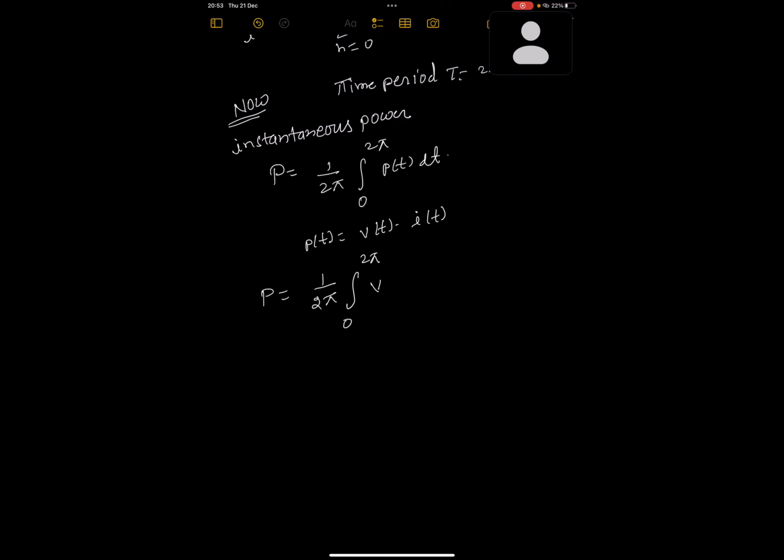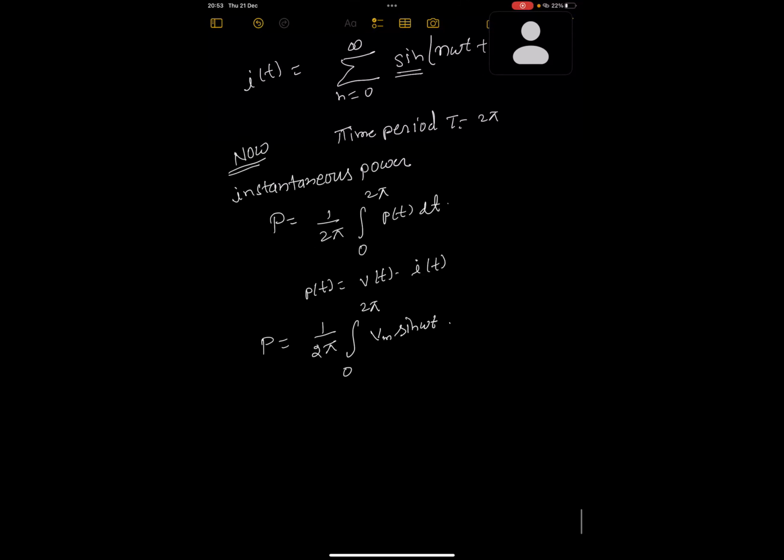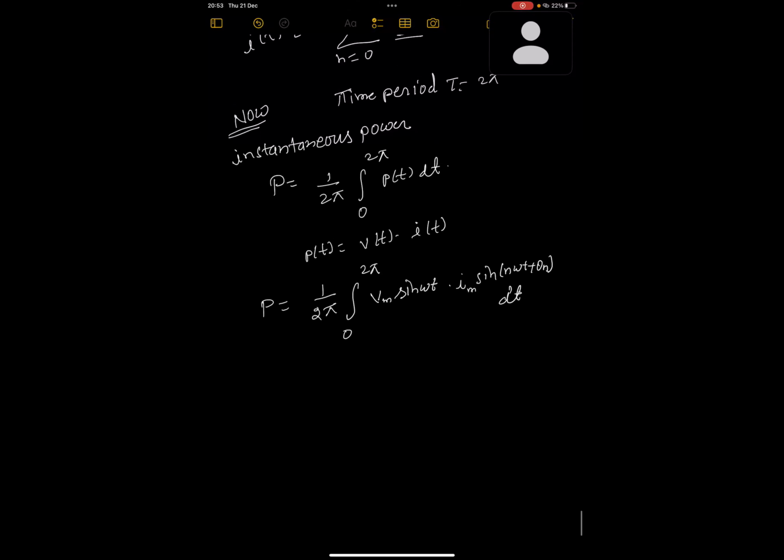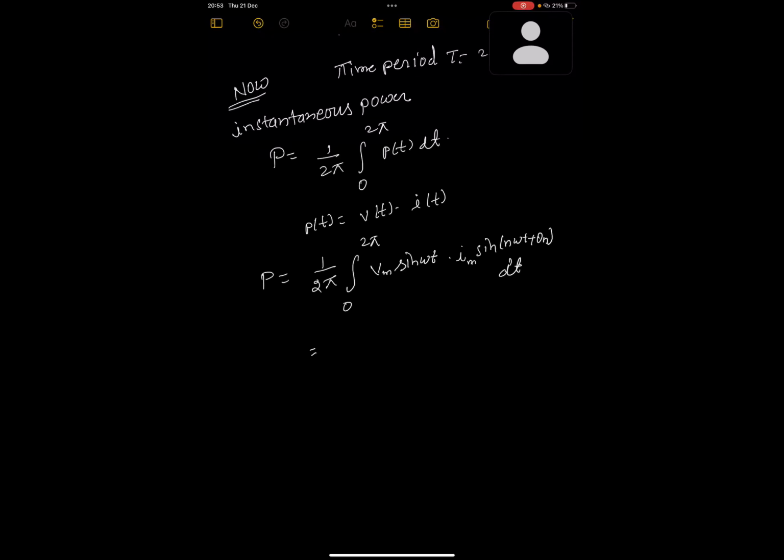V is Vm sine omega t. Put the value of i, and i is I maximum sine n omega t plus theta n, dt. Okay.